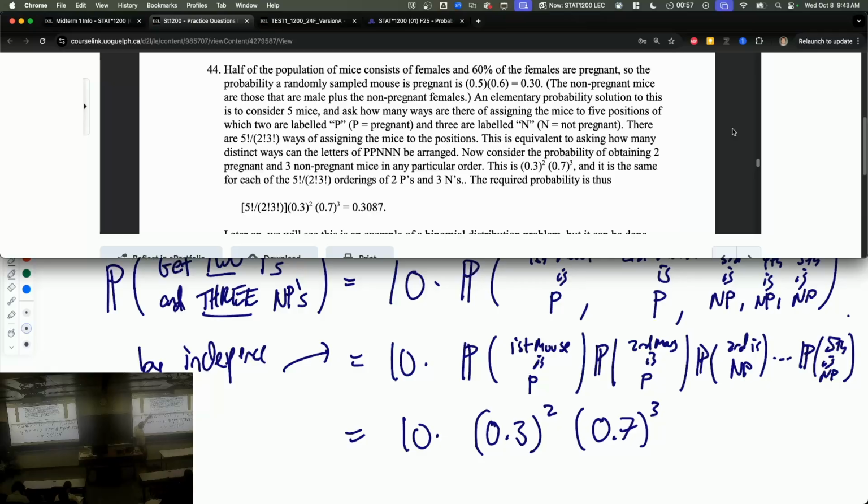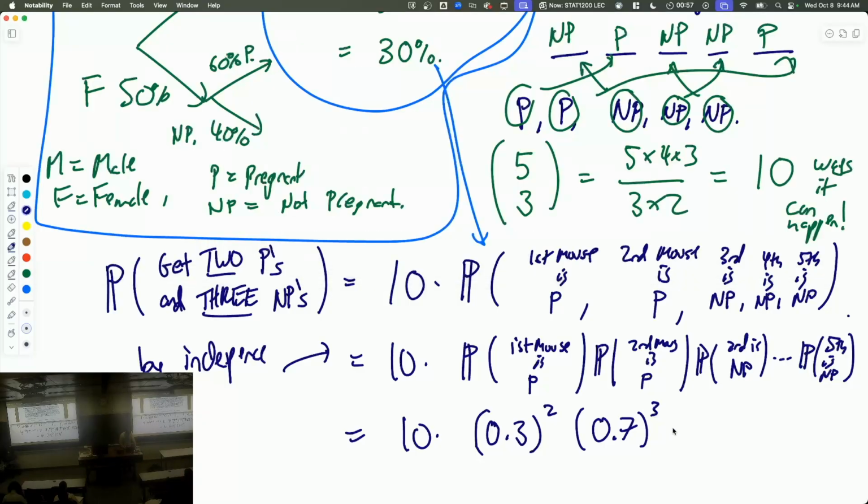But the final answer they got is 5 factorial over 2 factorial, 3 factorial. That's the 10, 5 choose 2, or 5 choose 3, which is 10. And then times 0.3 squared times 0.7, and so on.